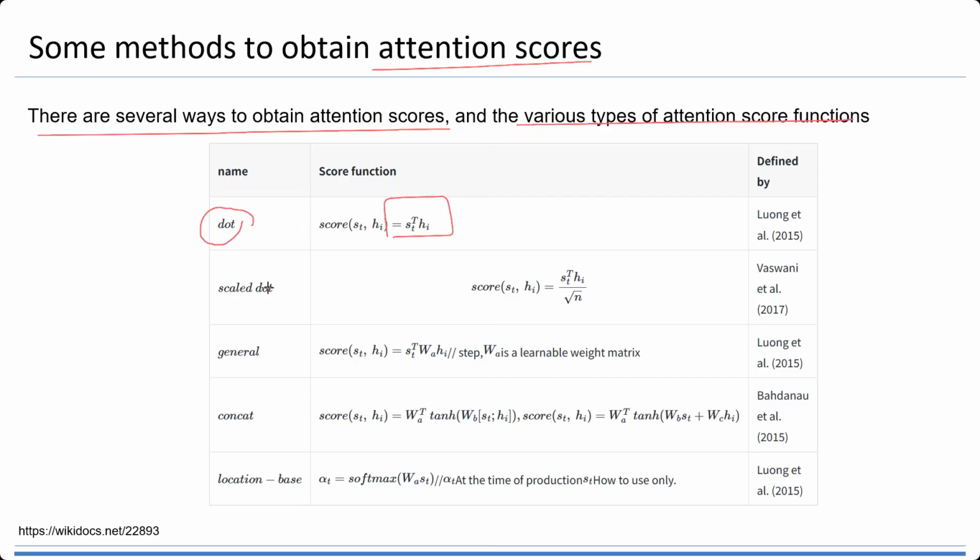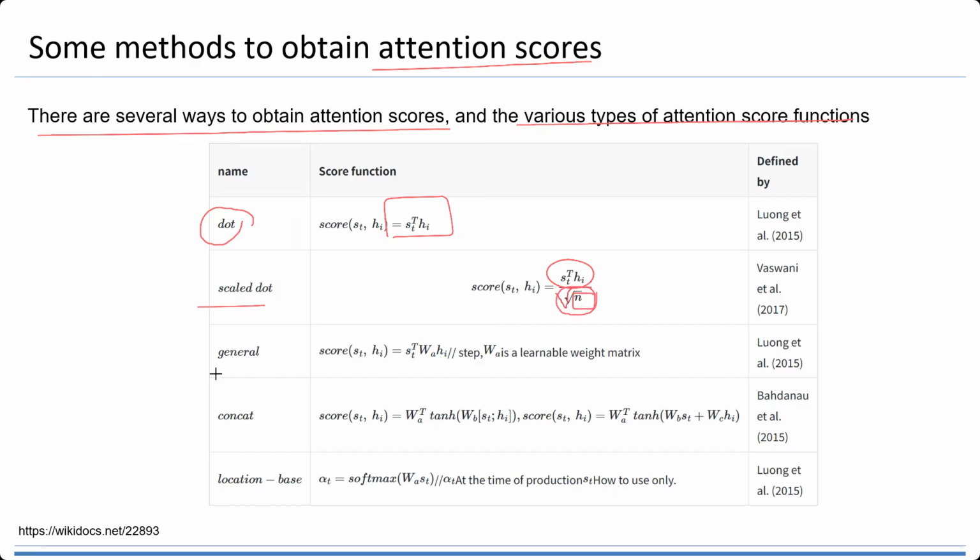The other kind of score is using the scaled dot. They apply the same mechanism, the multiplication, but at the end they divide by the number of data. Okay, how many words do you have? And they will take the square root.